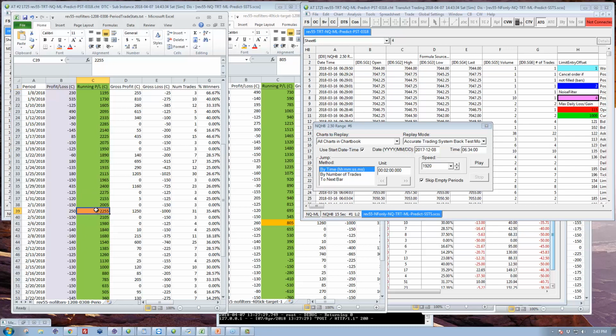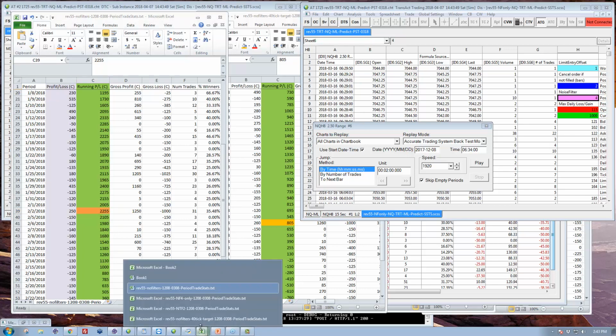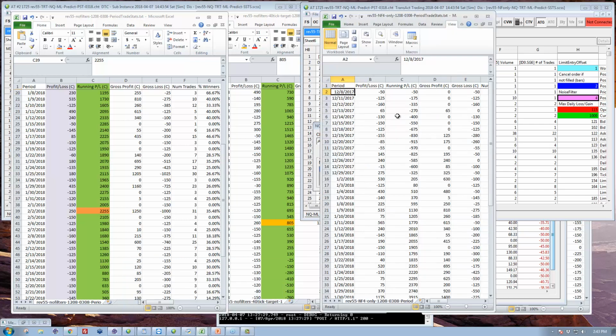What happens? Do I keep myself out of trades that would lose money, or do I prevent myself from getting into good trades? What's the overall result? Okay, so that is right here. Rev 55 NF4 only. That's here.